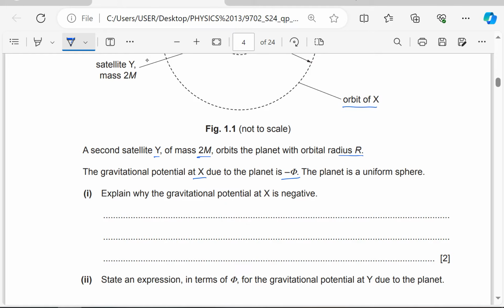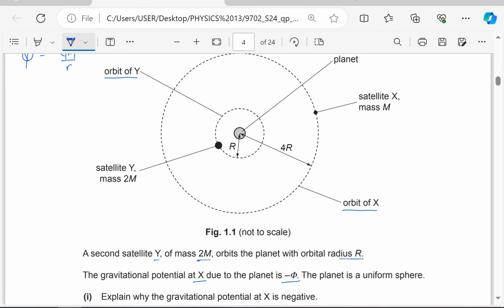So remember, the gravitational potential is always negative. Even in the formula, the minus is not optional. So why is the gravitational potential negative? First of all, potential at infinity, V at infinity, is defined to be 0.